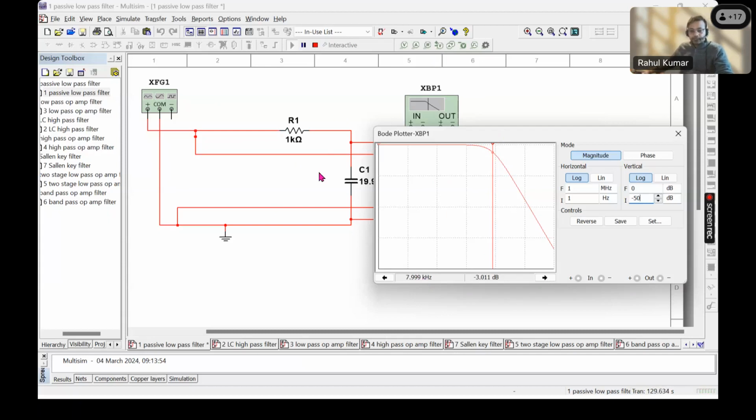Okay. Now, slope. We just discussed slope or roll off, so we need to find that also. Let's take a little higher value, maybe 40 kilohertz.